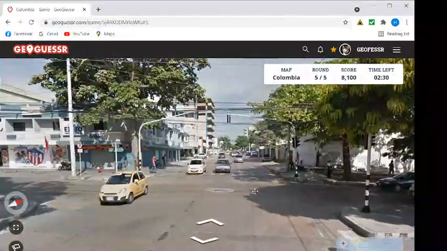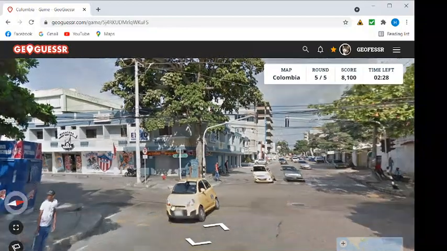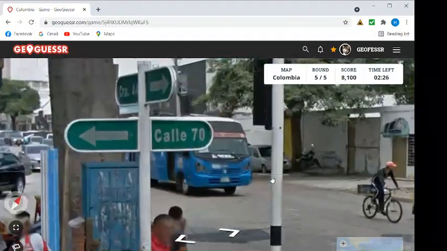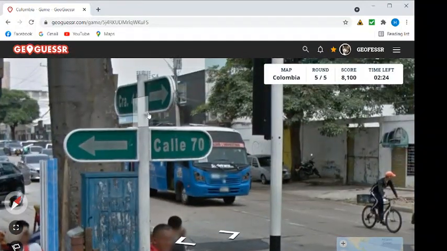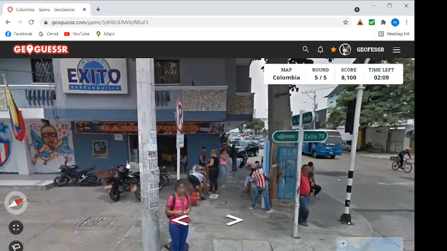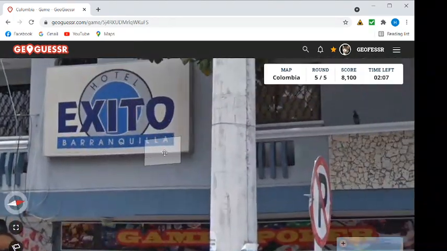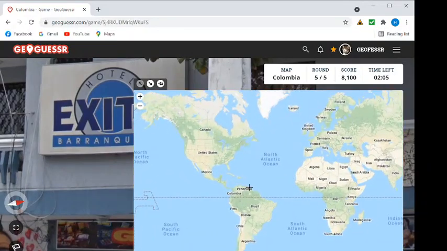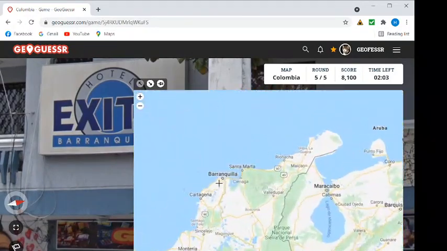Oh, there's some street signs over here. Okay, we have numbered streets. We have Carretera 44 and what is that? Calle 70, right? Oh, Éxito Barranquilla. Okay, so we know where that is. That's up here.